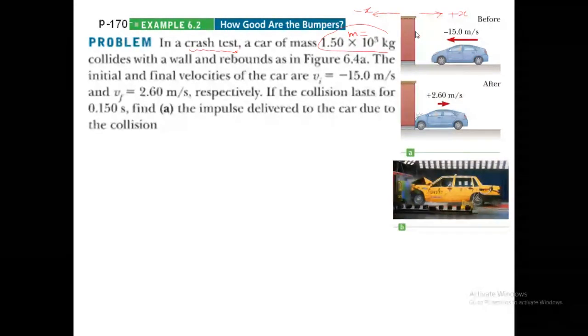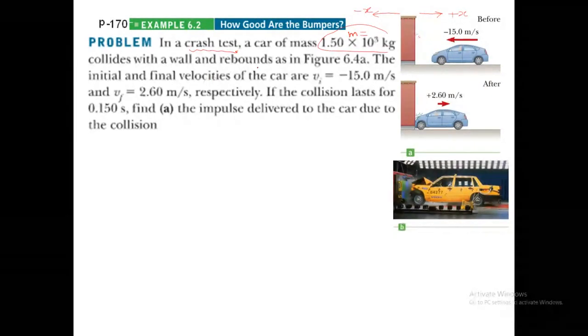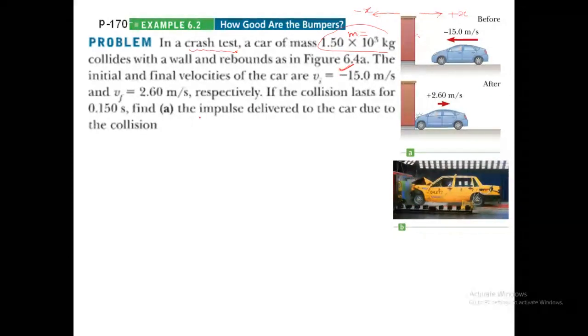And the initial and final velocities are given. For example, initial velocity is going to the negative side with 15 meter per second. That's why he has already given it minus, because it is traveling towards the negative direction.